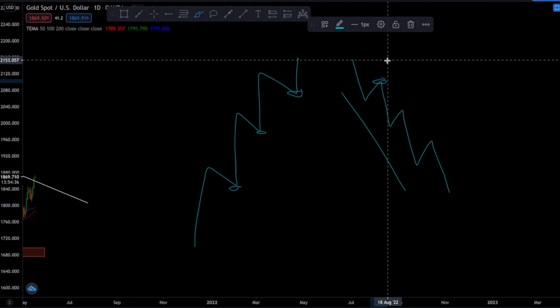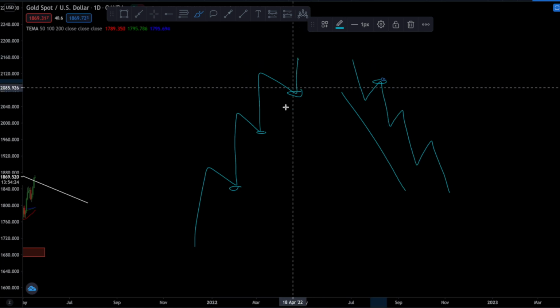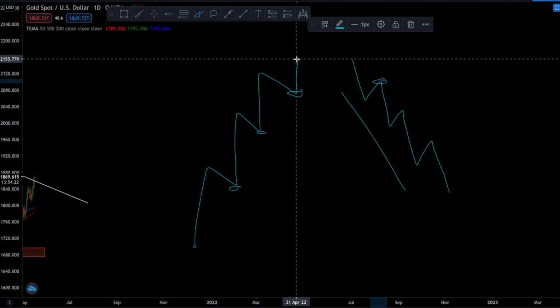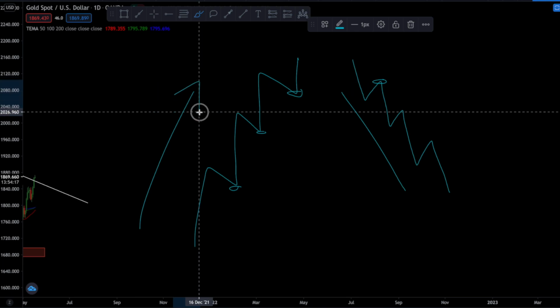So to distinguish between a pullback and a reversal, you have to understand how the highs and lows work properly. Whenever the price is reversing, let us take the example of a bullish trend.